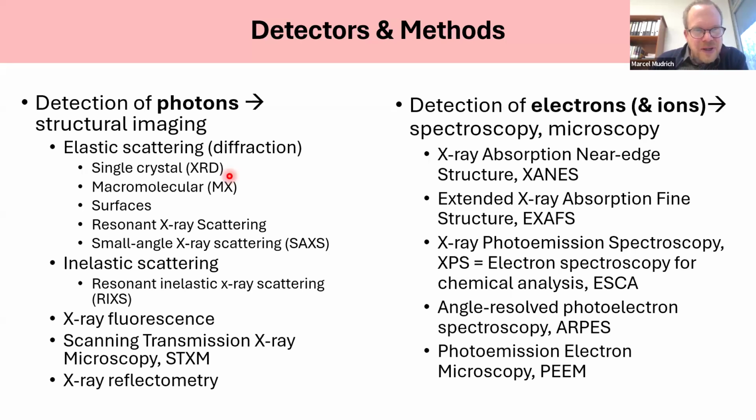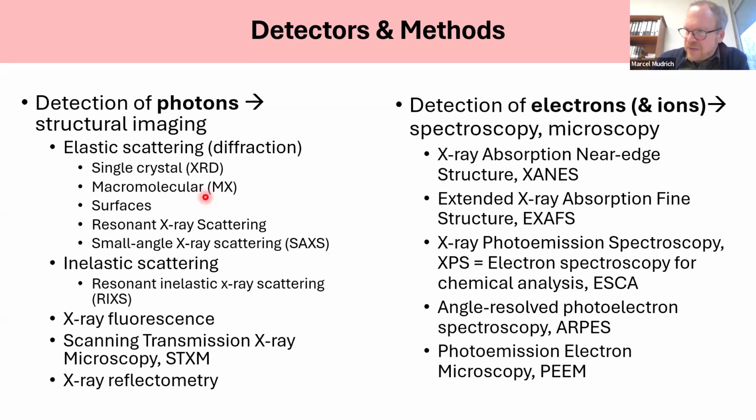That's one of the most commonly used techniques, and this is for structural imaging of targets, of crystals or macromolecules, and actually macromolecular, so it's also called MX, but MX is the same as XRD, just applied to macromolecules. Mostly we are talking about proteins, so protein structure imaging is the most important application of X-ray synchrotrons nowadays.